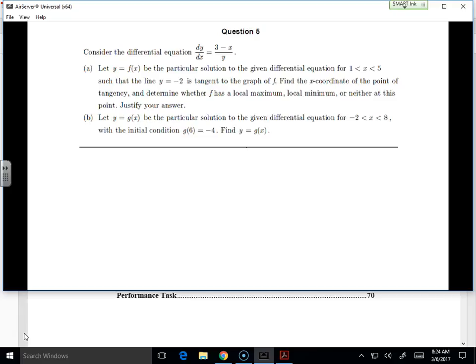So they say, all right, y equals is the particular solution. True. Then they say y equals negative 2 is tangent to the graph of f. Find the x-coordinate of the point of tangency and determine whether f has a local max, a local min, or neither at this point.